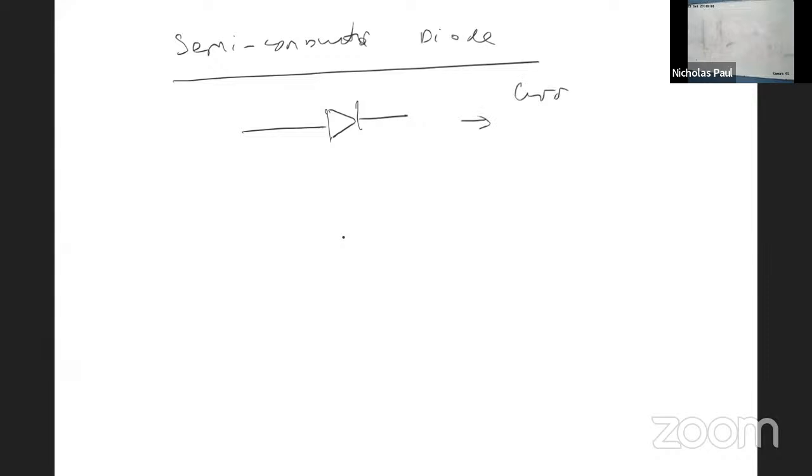semiconductors. So we need to learn about the semiconductor diode. It looks like this. What does the semiconductor diode do? It allows current to flow in one direction only.